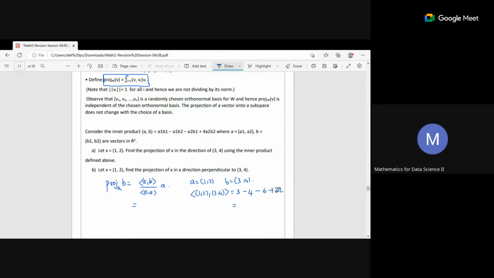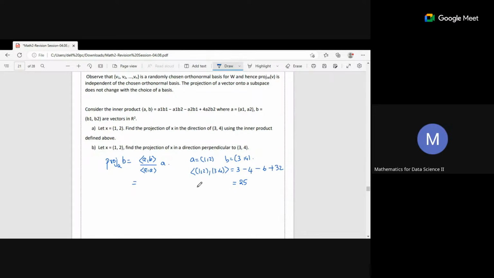So you have 25. Is this fine? Yes, sir. And what is inner product A comma A with respect to this inner product? So 1, 2, 1, 2. So 1 minus 2 plus 16, right?